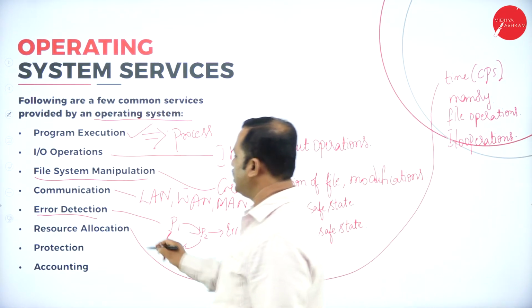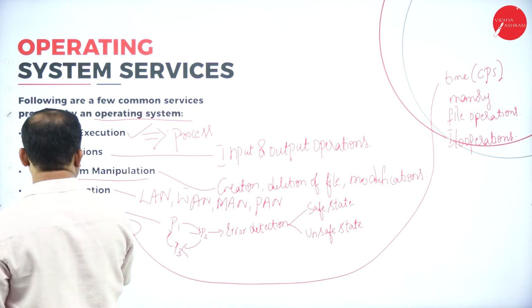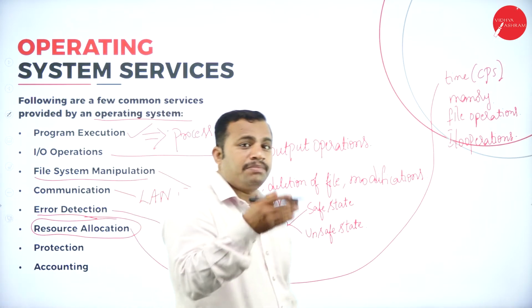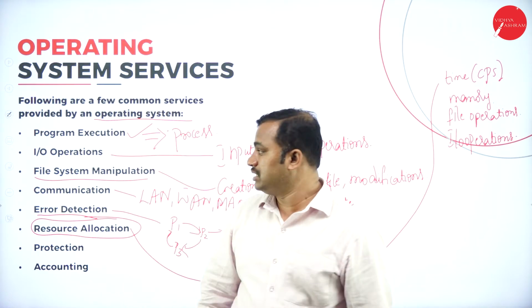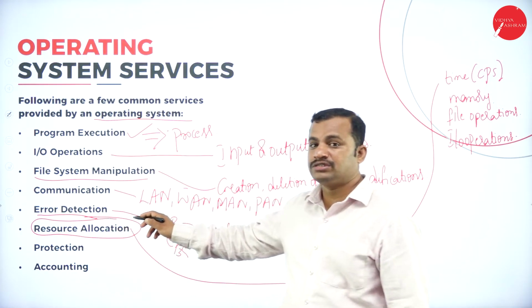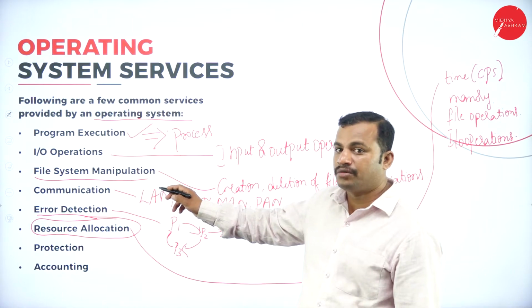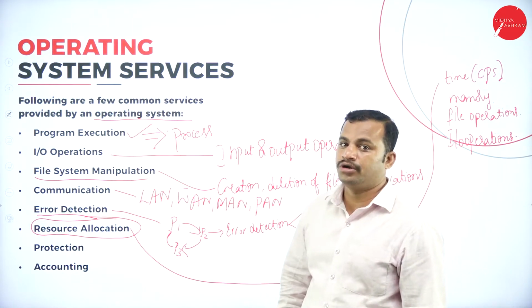All these are called resources. These resources must be allocated among multiple processes to multiple users. That is the reason we have to provide services to all the users from the operating system point of view.